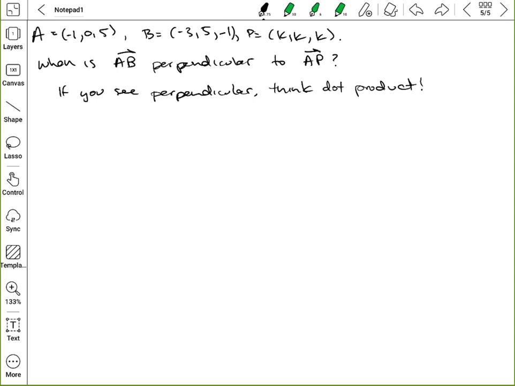Whenever you see a problem asking you about perpendicular things, think dot product. If the dot product is 0, the two things are perpendicular.